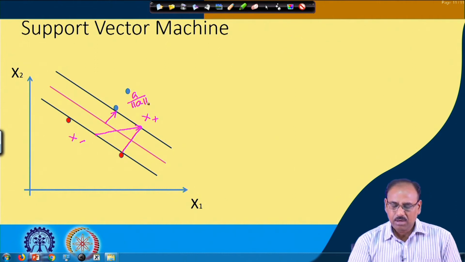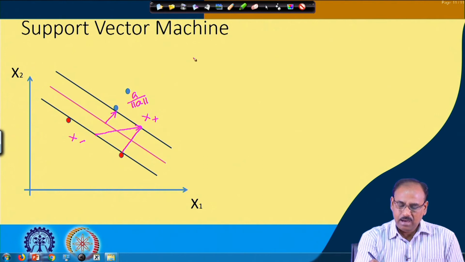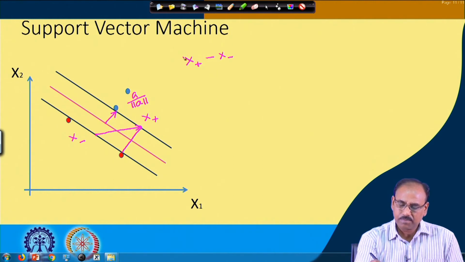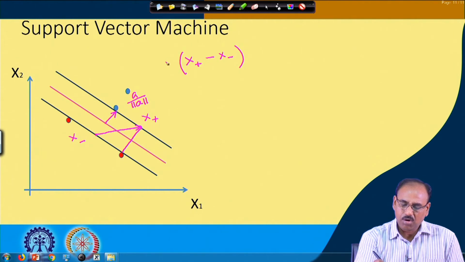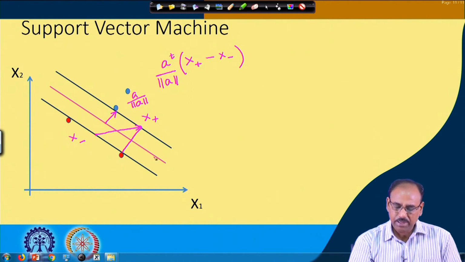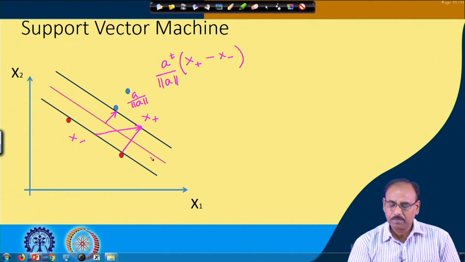So, the margin that you get is x plus minus x minus, take the dot product of this, or A transpose into x plus minus x minus upon mod of A. This is the margin given by this particular separating plane.